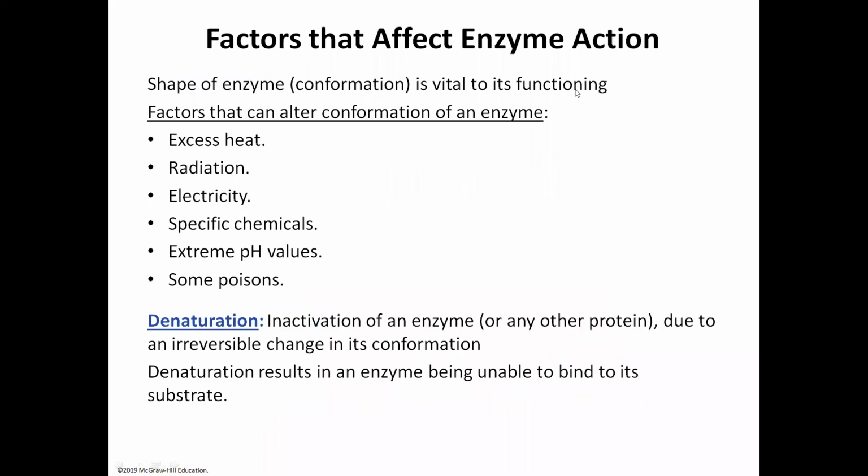And when we talk about enzymes, we use them quite frequently, but their shape very much regulates their function. So unfortunately, we have to be very careful with an enzyme because there are some factors that can alter the shape of the enzyme, or what we know as the conformation.